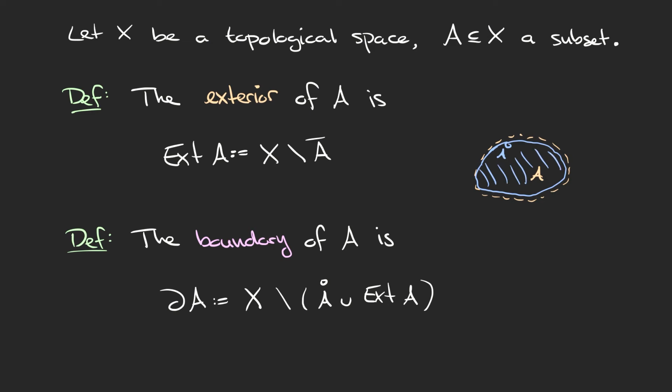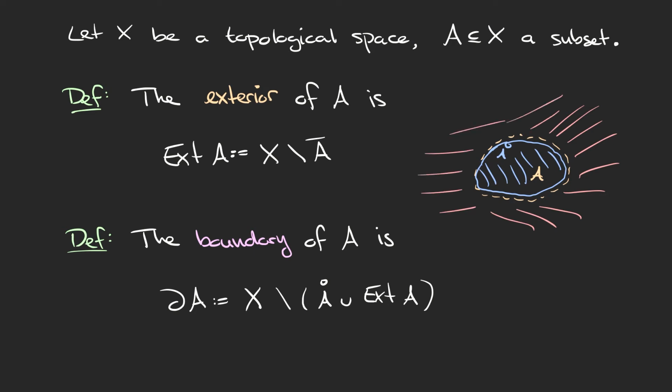And now the exterior of A is the complement of the closure of A. So it would be somewhere out here. So this is the exterior of A. And now we've defined the boundary to be the complement of the exterior unioned with the interior. So that's everything that's left over once we take away this red exterior and the blue interior. And this would be something like this that I'm drawing in pink now. So the pink thing is the boundary of A.